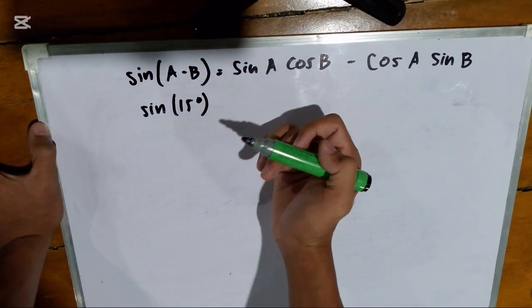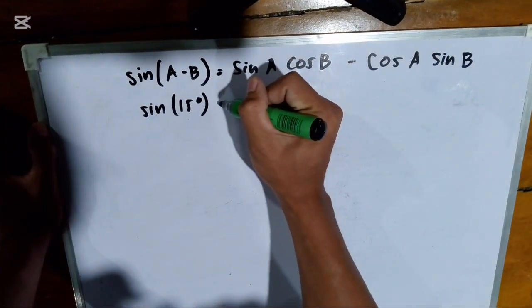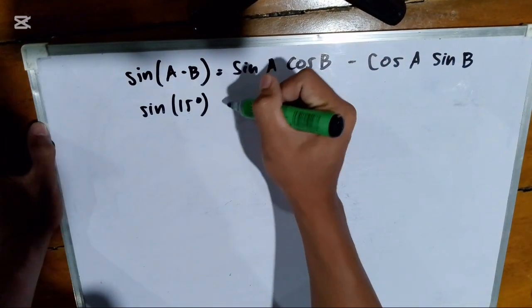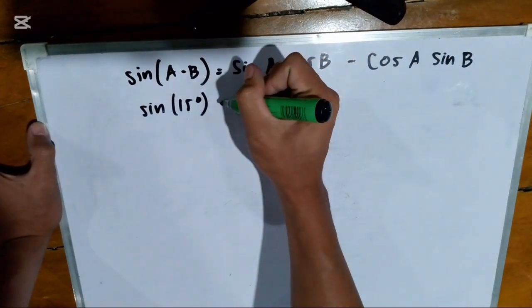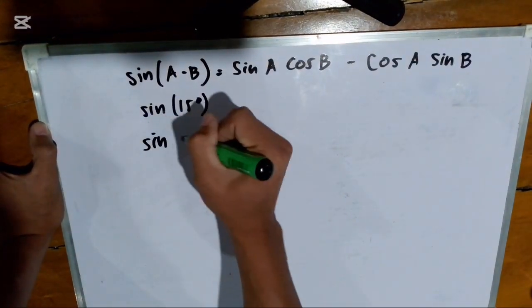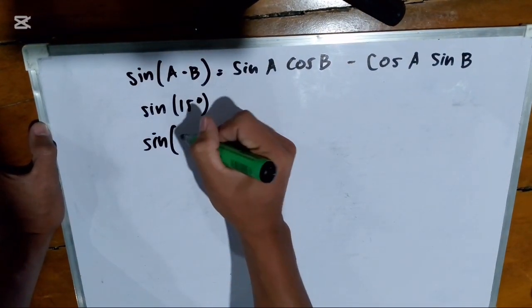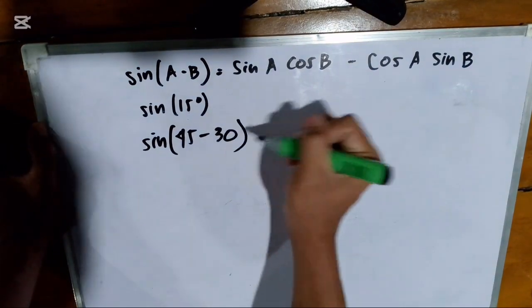And just like the sum identity, the values that we are looking for are 30 and 45 degrees, and that would be sine, where A would be 45 degrees and B would be 30 degrees.